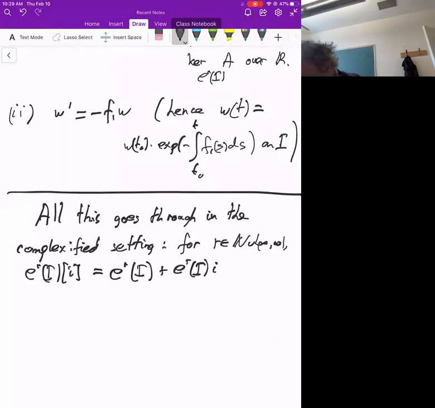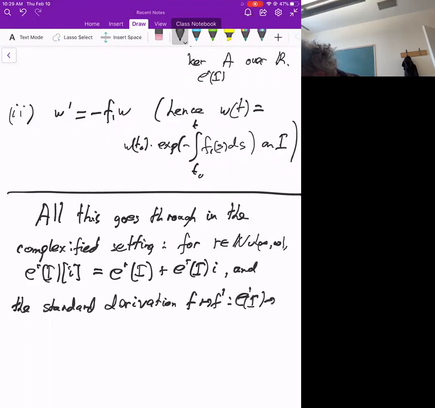And the standard derivation that we have on C^1, f goes to f prime, from C^1(I) to C(I), just extends. That's also called the standard derivation.